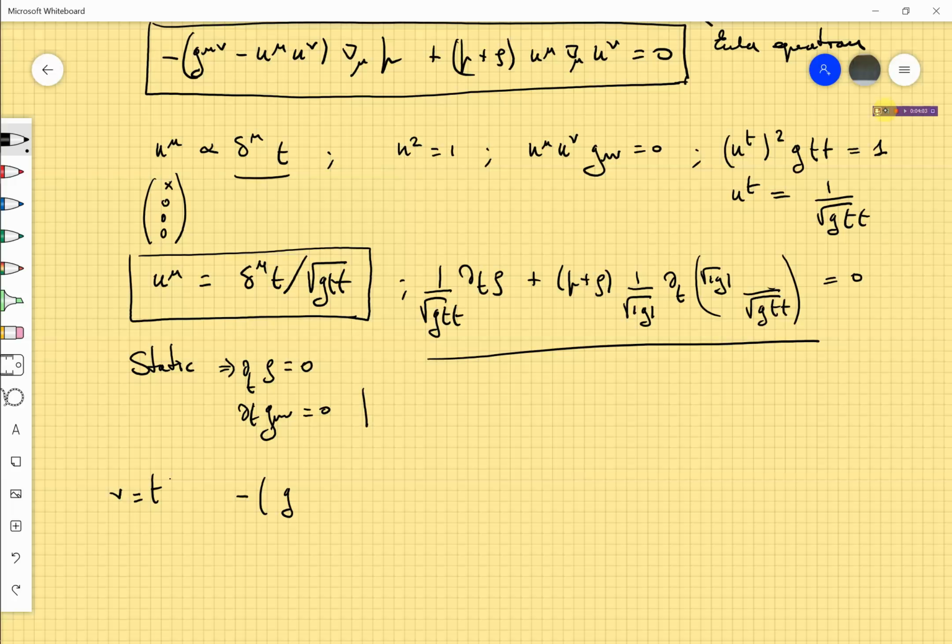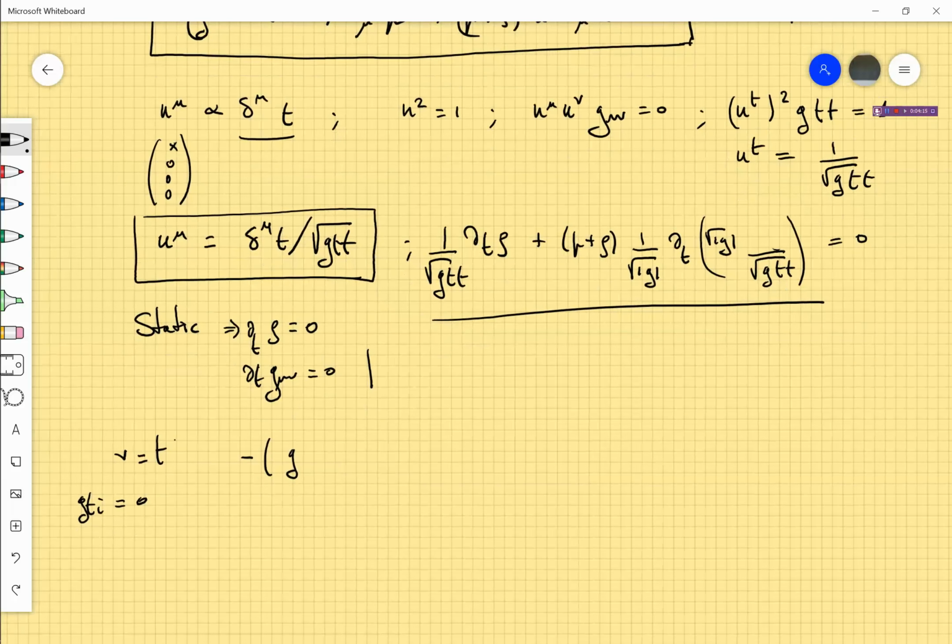I put this assumption here: not diagonal, but it doesn't have g_ti components, because of staticity. So this is another condition equal to 0. This came because staticity was the condition of stationarity plus hypersurface orthogonality, which translates into the absence of these crossed terms.